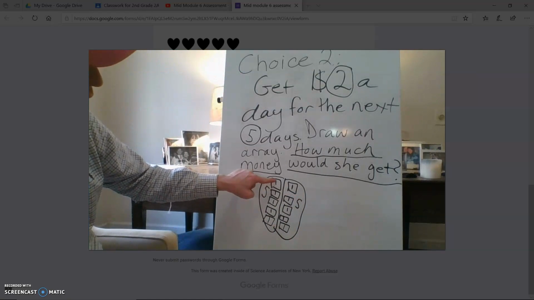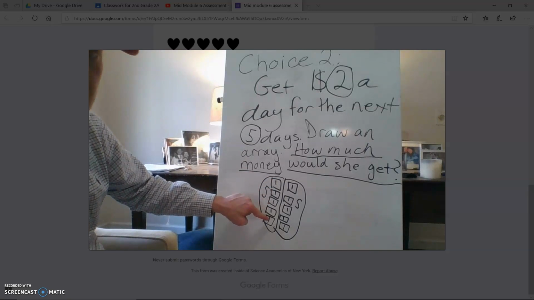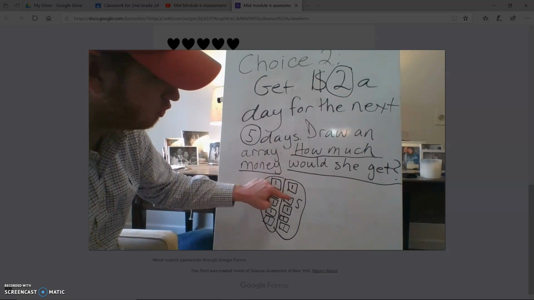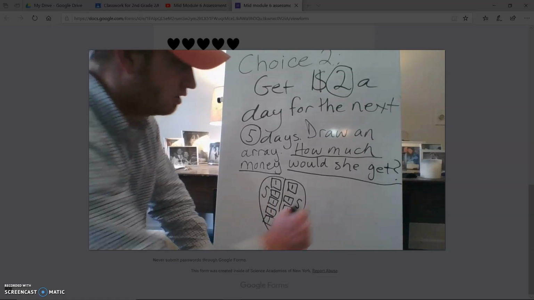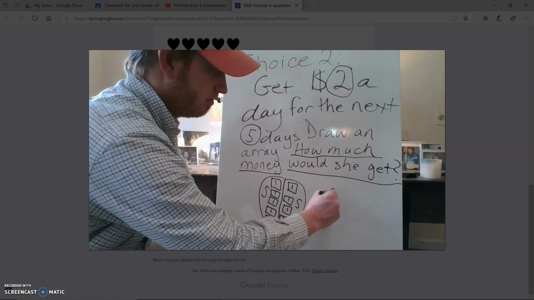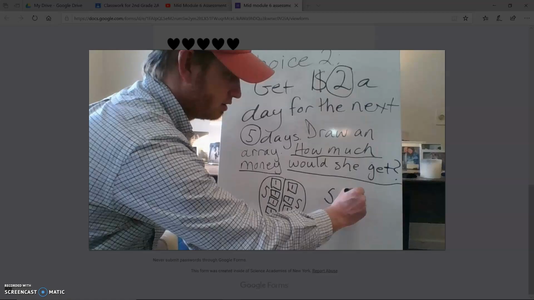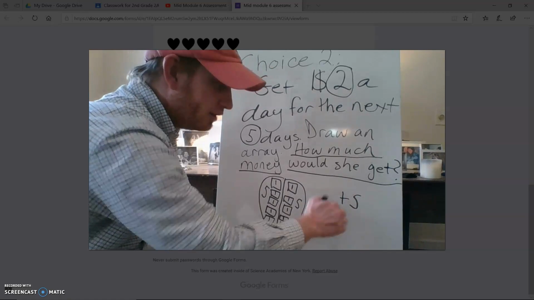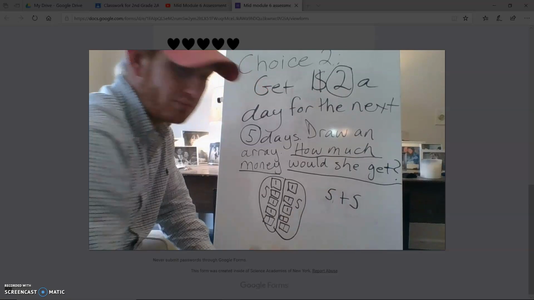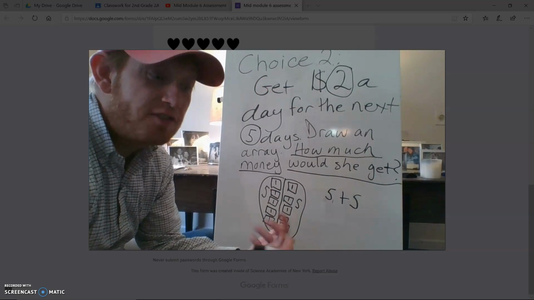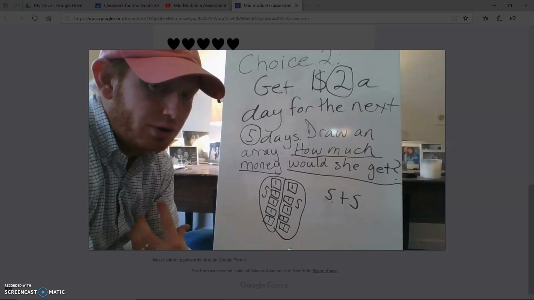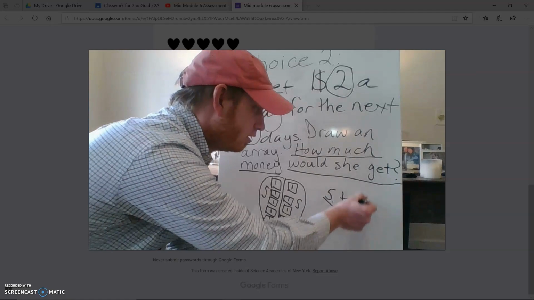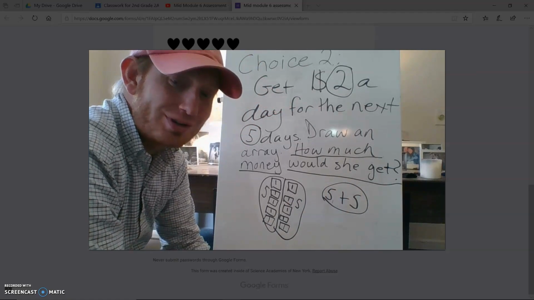Because in each one, we have 1, 2, 3, 4, 5, and 1, 2, 3, 4, 5. So we have 5 plus 5. And while you can count if you need to, this is one of our doubles. In fact, it's my favorite double because 5 plus 5 always equals 10.